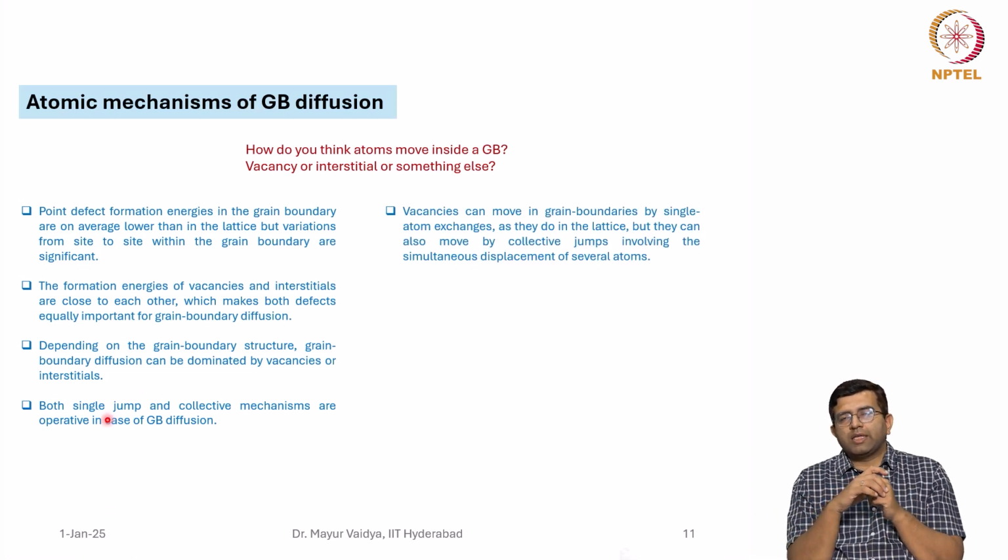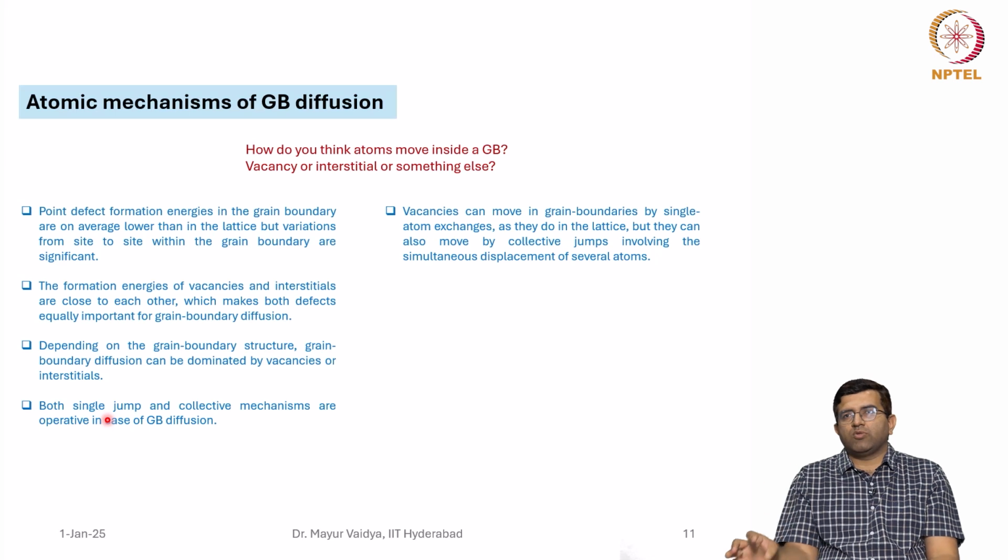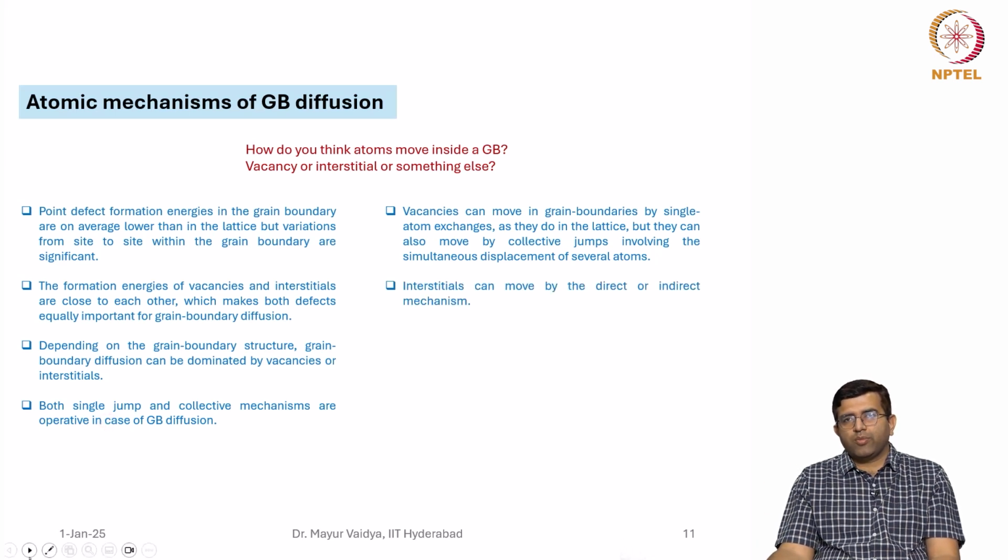Vacancies can move by single atom jump exchanges, as they do in the lattice, but collective jumps are also possible, which involve simultaneous displacement of several atoms.